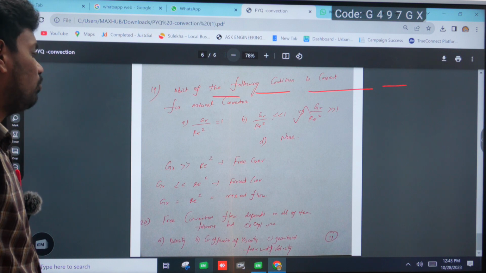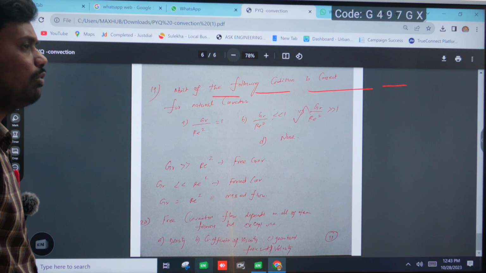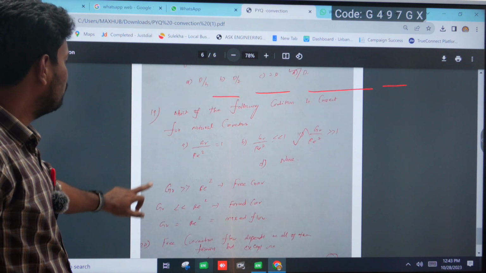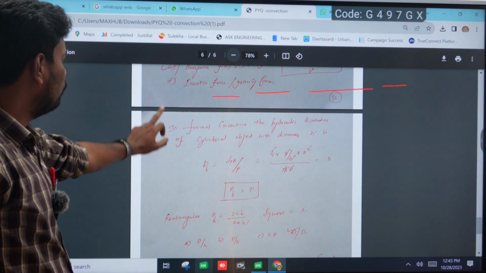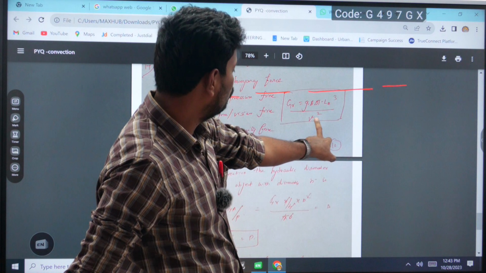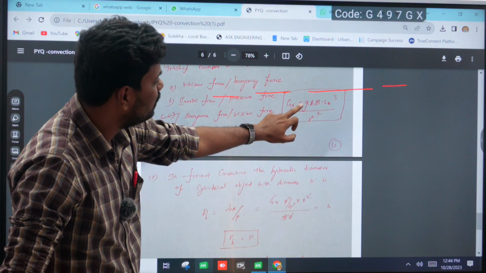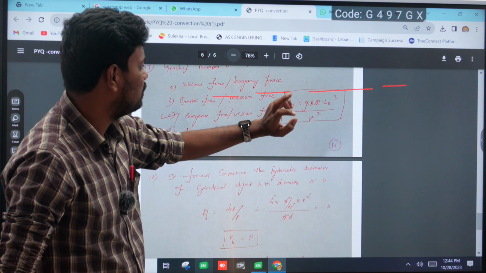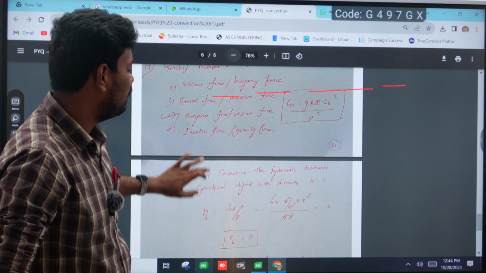For free convection, there is a number called the Grashof number. What we have seen, Grashof number is equal to g beta delta T Lc cube by nu square. Here gravity is there, kinematic viscosity or dynamic viscosity is there, and density also will be there.